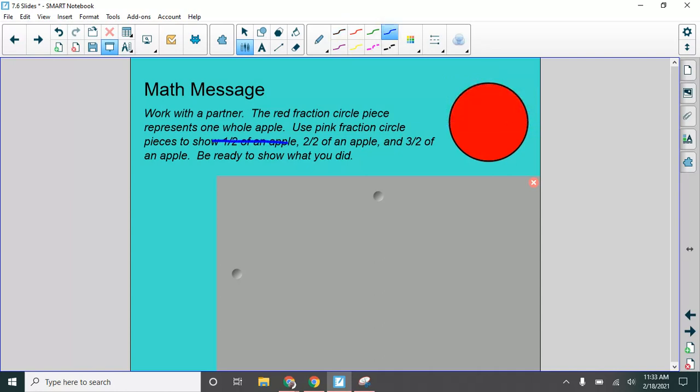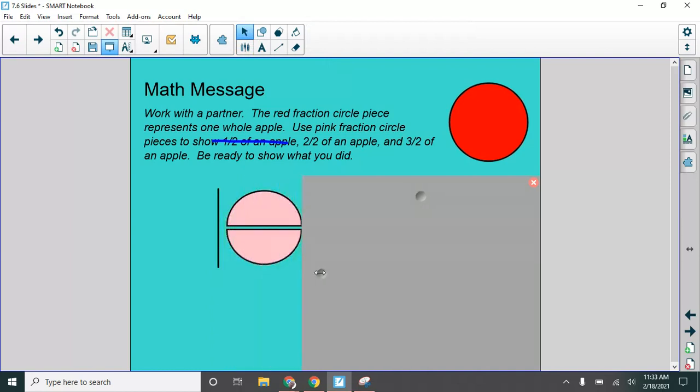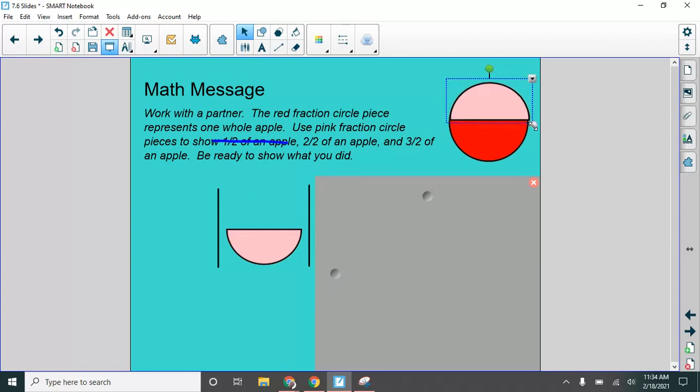What about 2/2 of an apple? Well, that's just 2 of those pink pieces. Oh, I'm going to have to make this one bigger too. 1/2, 2/2.